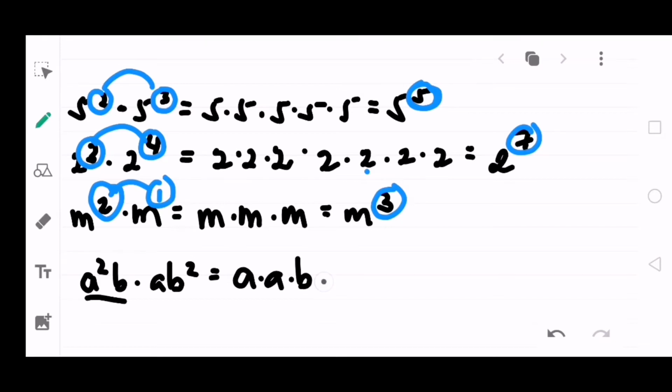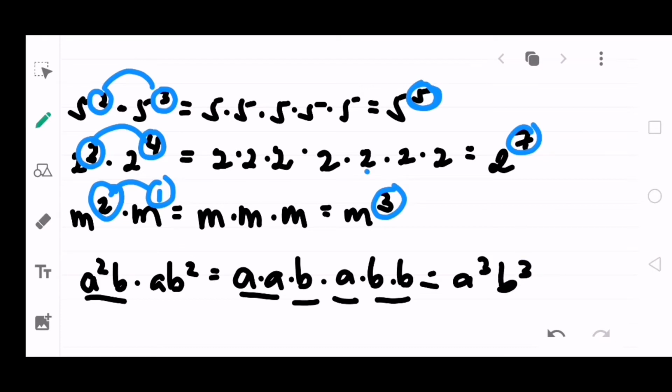And we are to multiply it to a b squared, which is the same as a times b times b. Now, let us simplify this one through our idea about exponents. Since we used a 3 times as a factor, we can just simply write this one as a cubed. While for b, again, we used it also 3 times, so we have here b cubed.